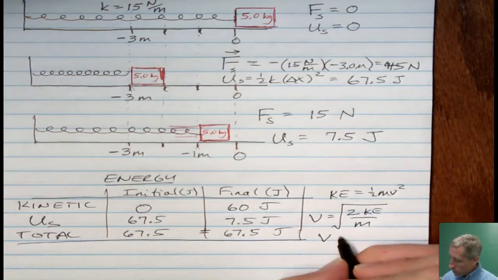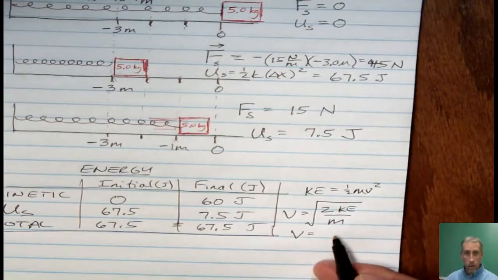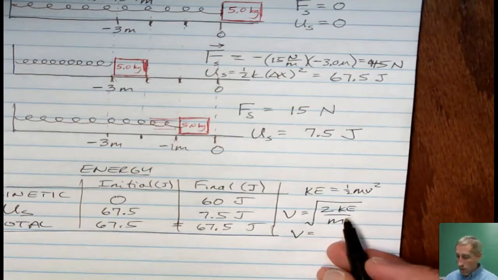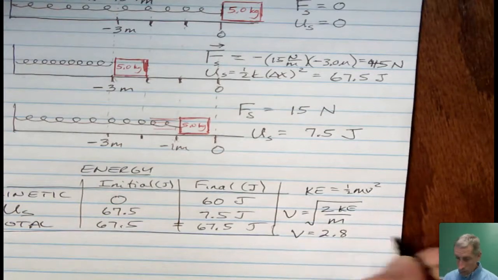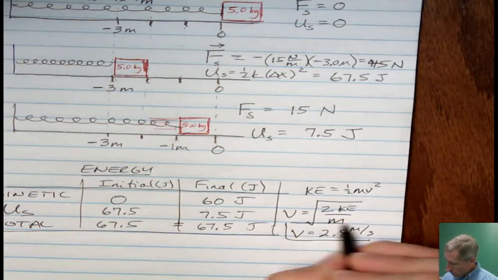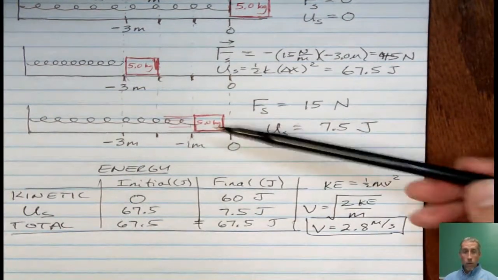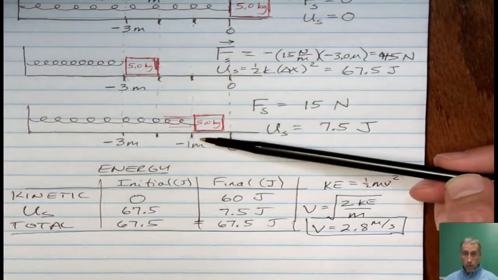I would think you as a student would be writing this out so we can see it clearly, show me the substituted numbers, etc. But you can trust that I've done this on another piece of paper. I get about 2.8 meters per second. And again, that would be the speed that it would have once it's gotten back to this position here where its left edge is at -1.